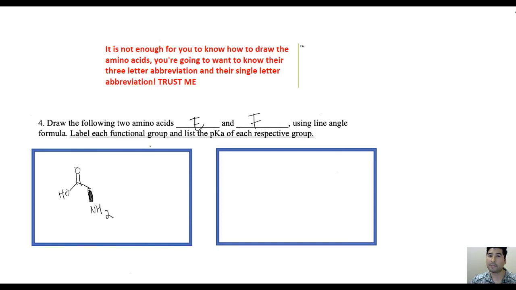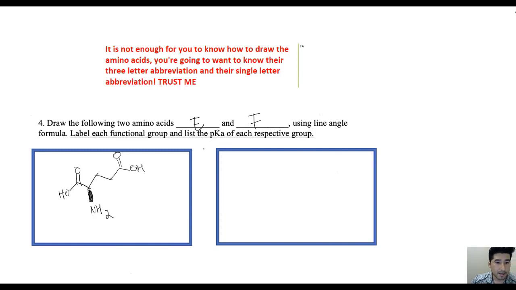So again, whenever you're drawing an amino acid, draw the carboxylic group, then draw the amine group, and then draw the R group. So the R group for glutamic acid is 2 carbons and boom, another carboxylic acid.